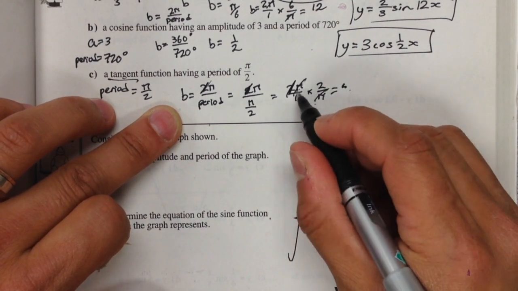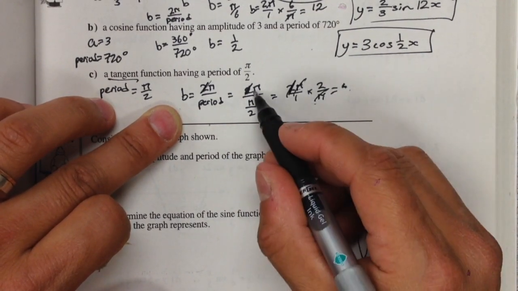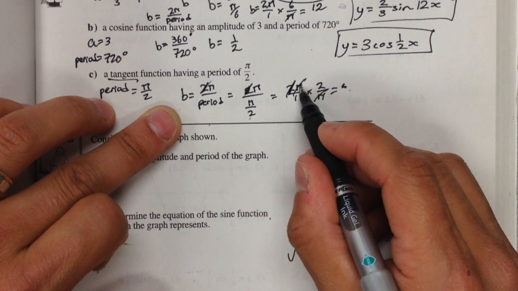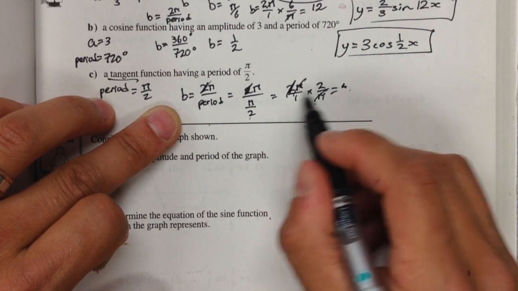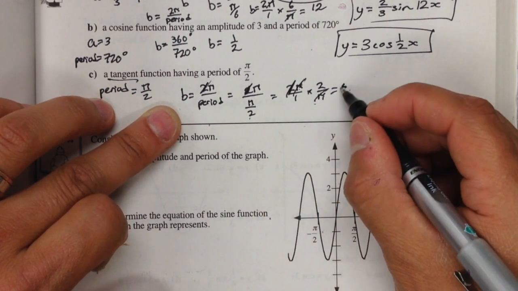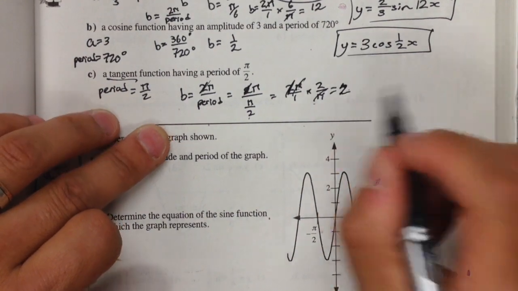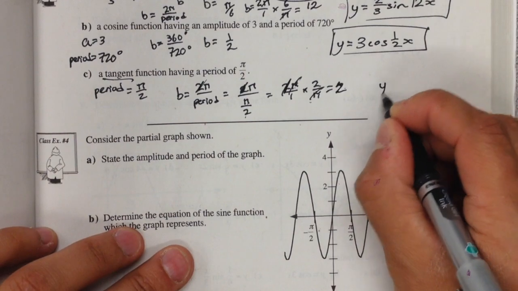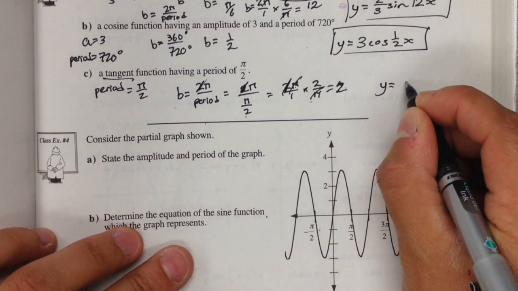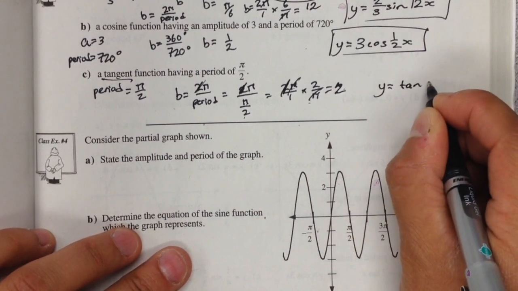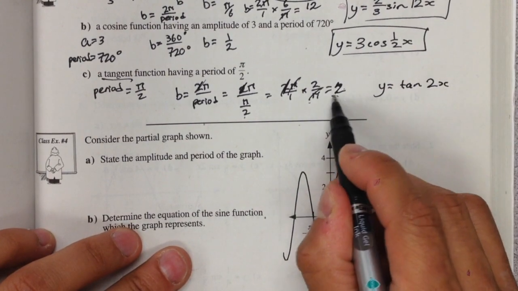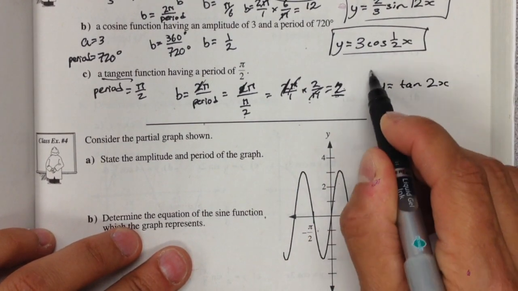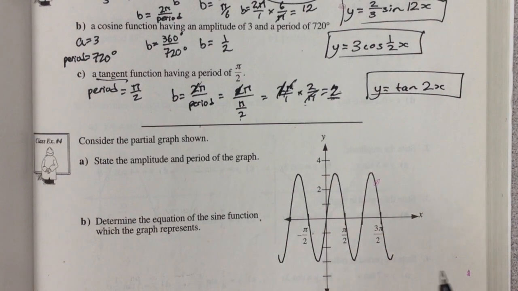It would be pi divided by pi over 2, so pi times 2 over pi if I flip this. And my parameter b is just equal to 2. That's confusing for you, I know. I'll clear that up in class. But my final equation would be y is equal to tan 2x.